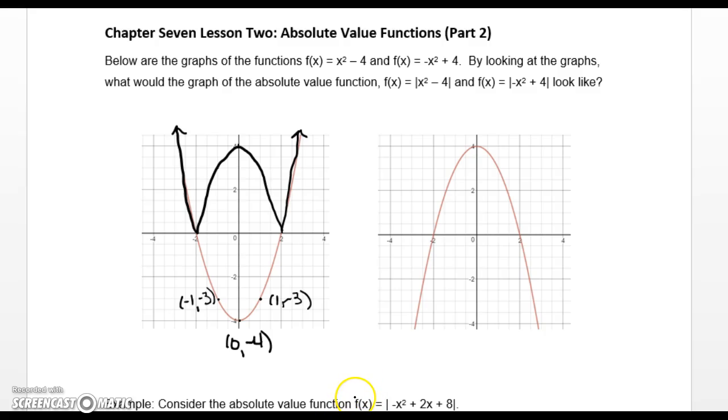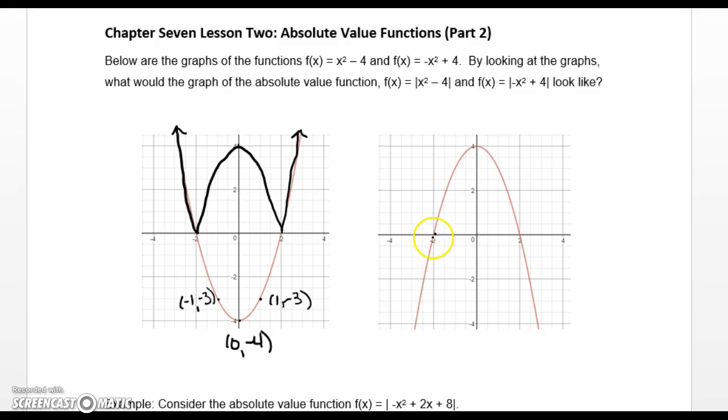So now let's take a look at what happens if our graph is opening down. Let's see if it creates that same shape. Here, anything above the x-axis will be the same, so we're going to leave this part here, but then we have to consider these two parts down here. Let's try and find a nice little marker to go with. Maybe we'll go to this point right here.